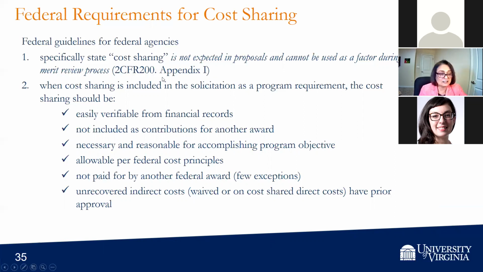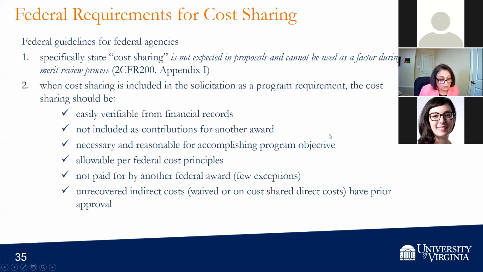So this is clearly stated in Appendix 1 of the UG. Now, when cost sharing is included in the solicitation as a program requirement, or voluntary committed cost sharing becomes mandatory, it should be easily verifiable from the financial records.